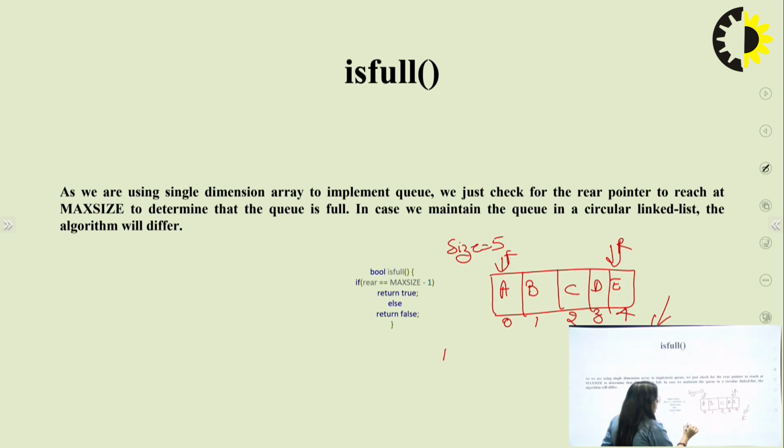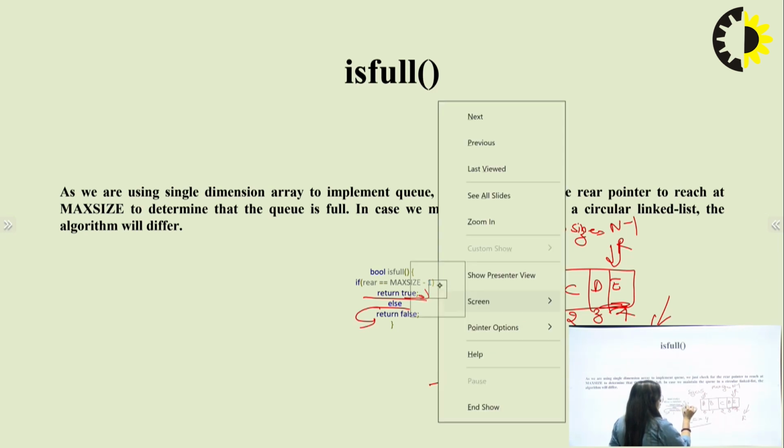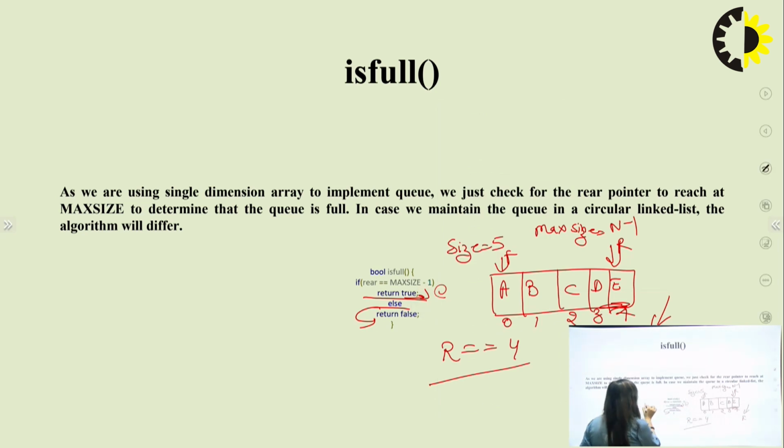Check whether rear is equal to max size minus 1, that is n minus 1, which equals 4. If yes, return true, otherwise return false. If it is true, the queue is full. Got it?